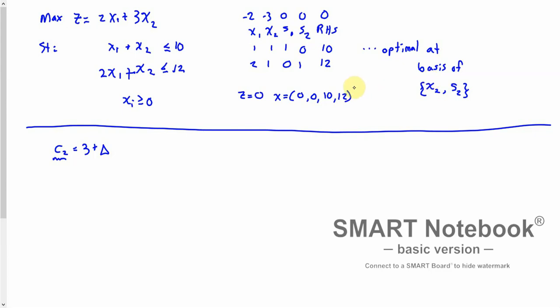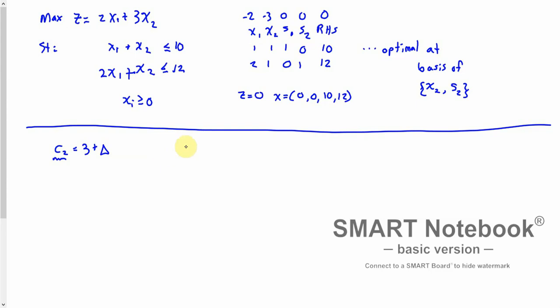Now, we technically don't have to worry about feasibility when changing a cost because it's not going to have any effect on the right hand sides going negative or not. But we do need to make sure that if we change one of these costs, that x2 and s2 are still the only two that are in the basis, and that x1 and slack1 do not become attractive to enter the basis.